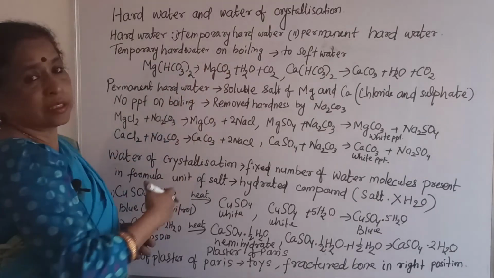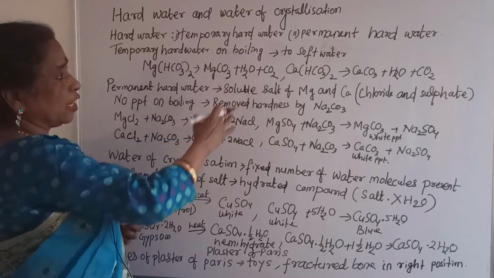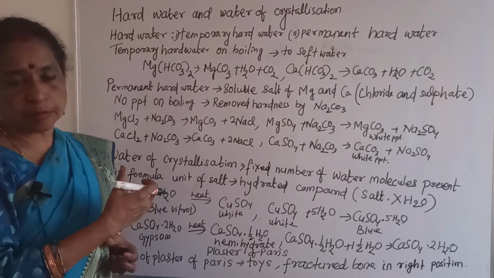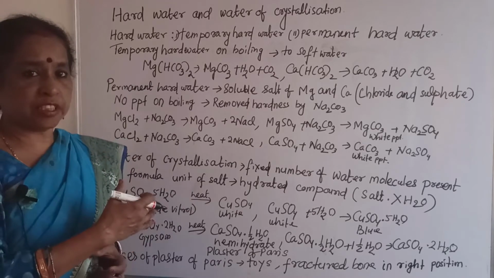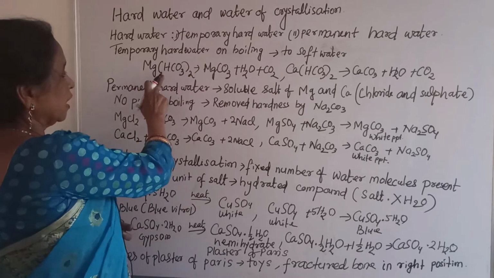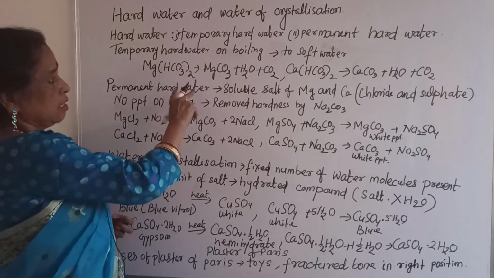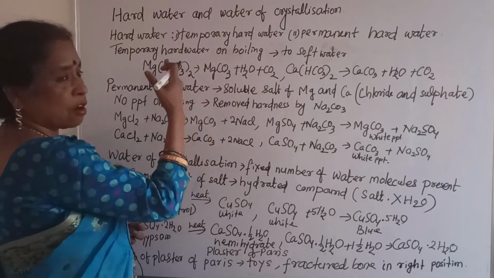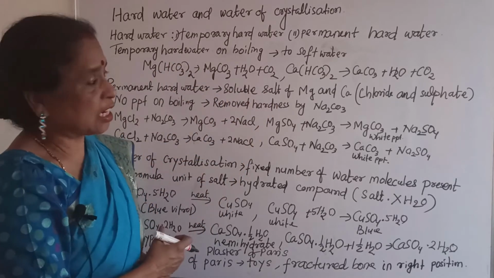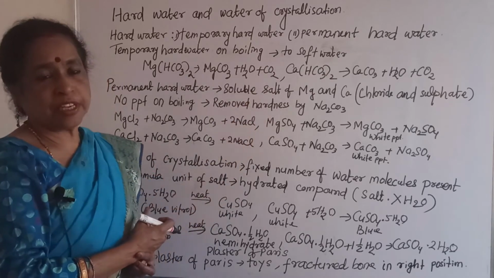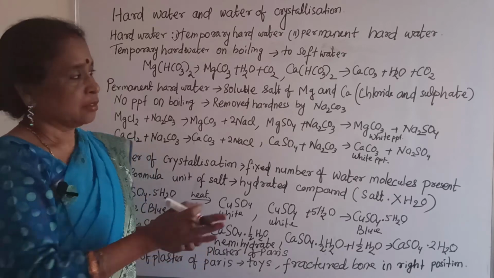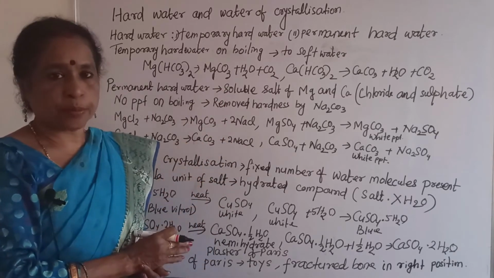Temporary hardness is removed on boiling, where hydrogen carbonates of magnesium and calcium are present. Magnesium hydrogen carbonate on heating gives magnesium carbonate. Similarly calcium hydrogen carbonate on heating gives calcium carbonate. Both are white precipitates. On filtration you will get soft water.